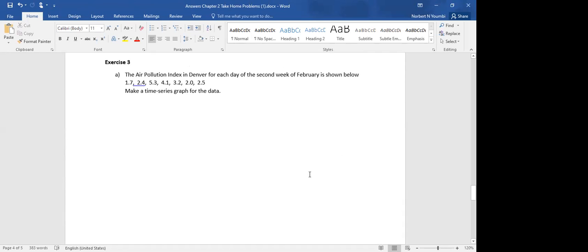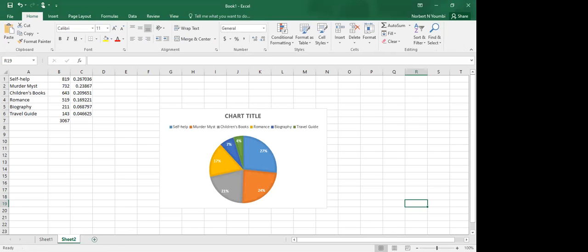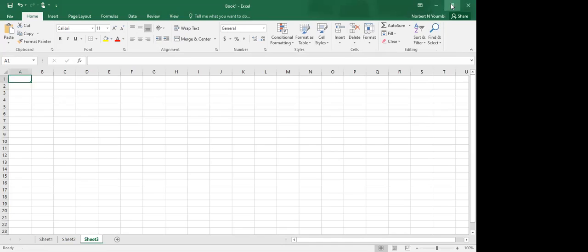The next graph is the time series graph. I'll choose another sheet for that time series graph. Here, the air pollution index in Denver for each day of the second week of February is shown below. I can just write here, day 1.